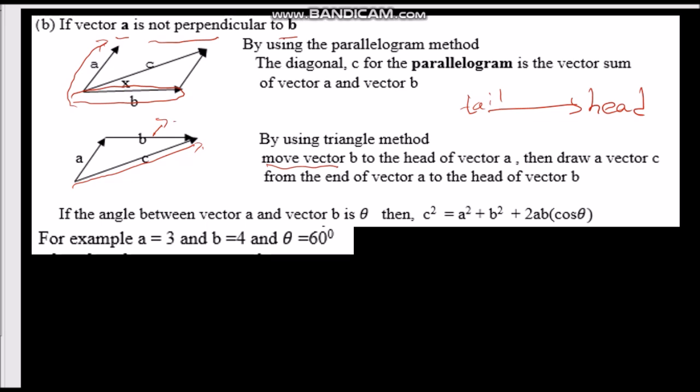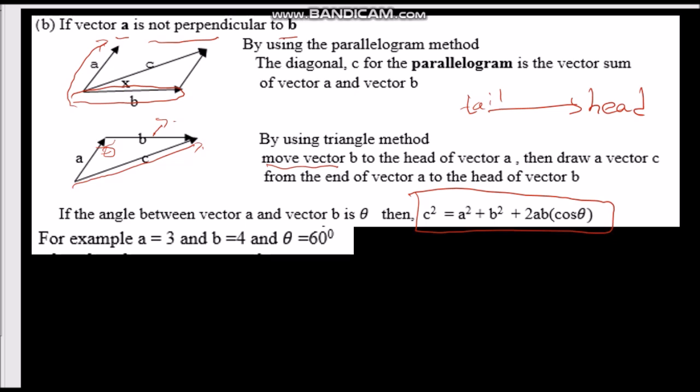Now let's say the angle between vector A and vector B is theta, then C square is equal to A square plus B square plus twice of AB cos theta, because here the angle between A and B is not perpendicular. So we have an example.